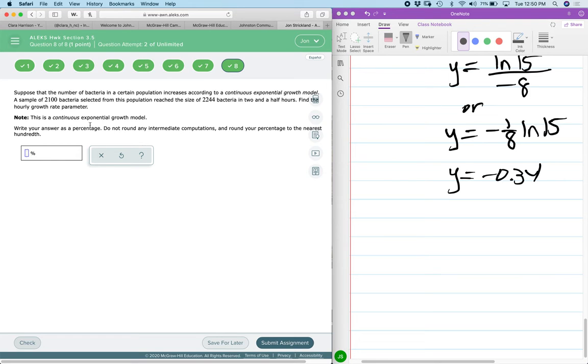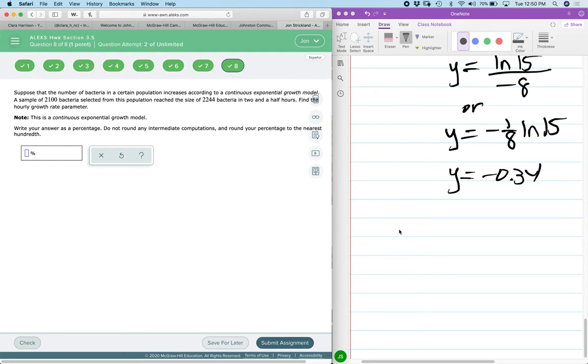It says to find the hourly growth rate parameter, and that this is a continuous exponential growth model. Write your answer as a percentage. Do not round any intermediate computations, and round your percentage to the nearest hundredth.